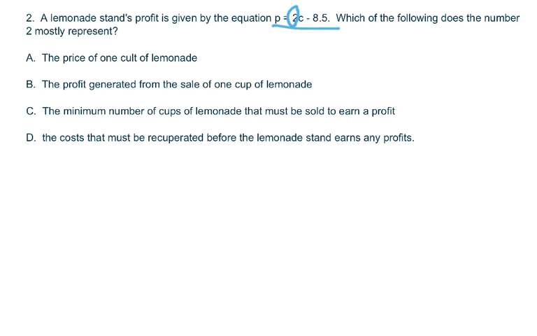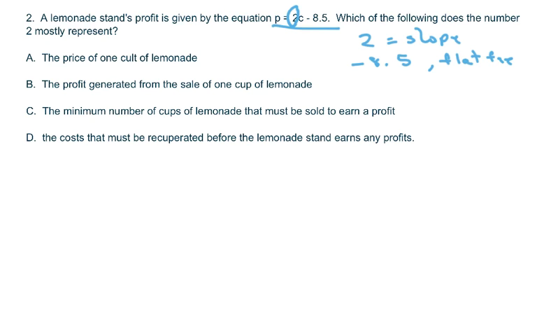All right. And it's a unit rate. And the y-intercept, so 2 equals your slope, or average rate of change. And the negative 8.5 is your flat fee, or your starting place, or starting amount.